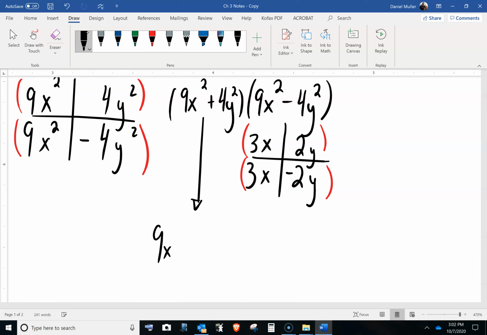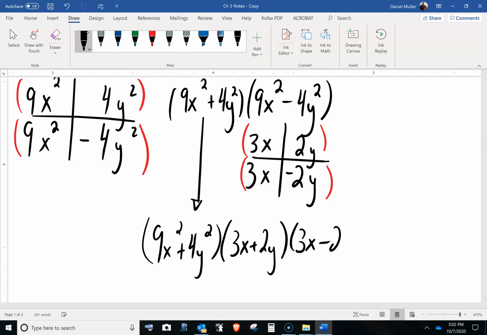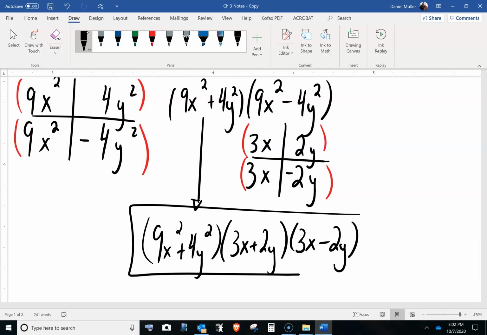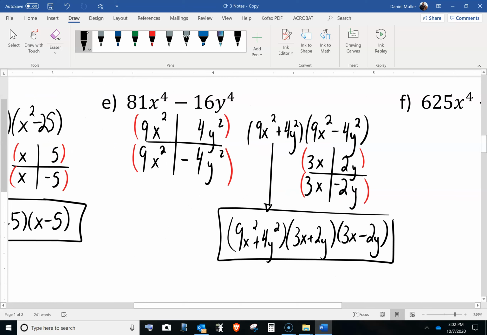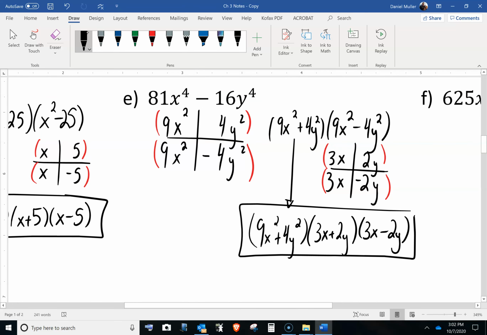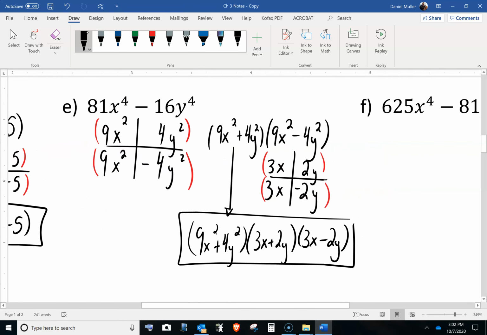This is the 9x squared plus 4y squared. But then we've got the 3x plus 2y and the 3x minus 2y. Okay? So that's good to keep all of these things in mind.